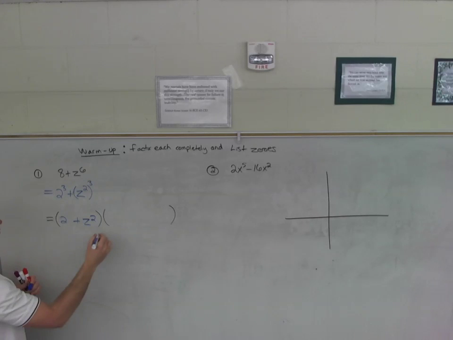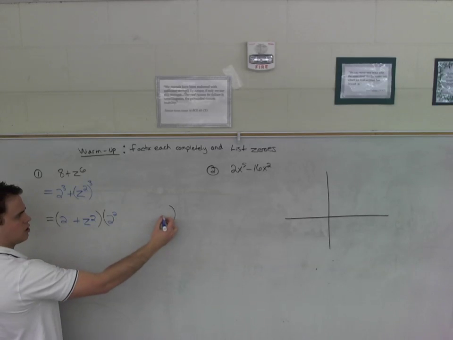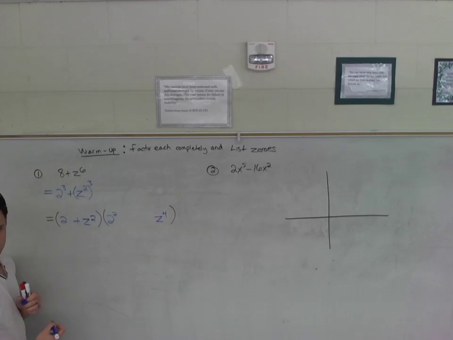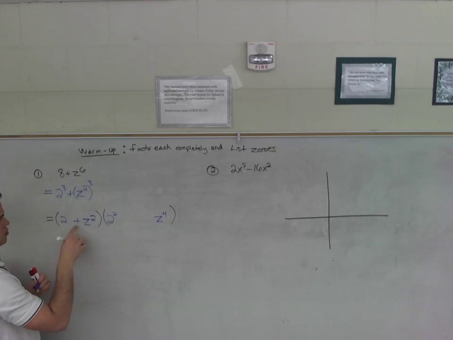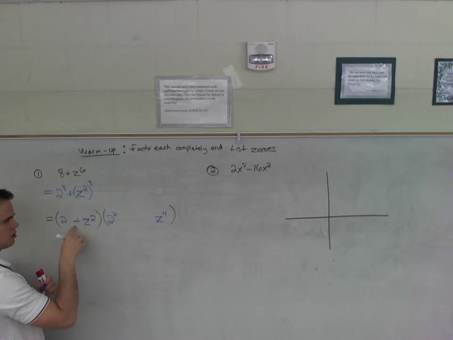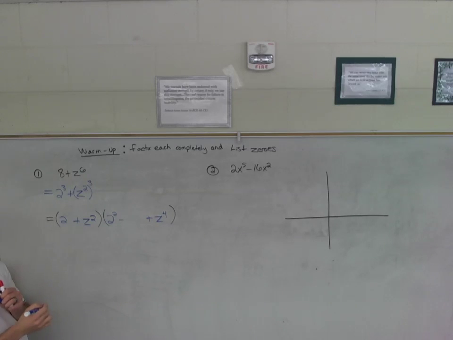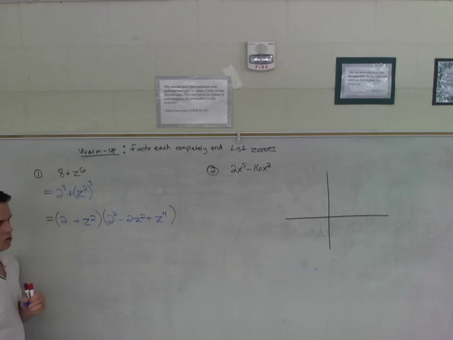And then over here we put 2 squared, and over here, I always go the outside ones first. z squared squared is z to the 4th. Does that make sense? And then in the middle, this one's plus, so it goes plus, minus, plus. So in the middle, we're going to have 2 times z squared, 2z squared. Sweet. There we go.